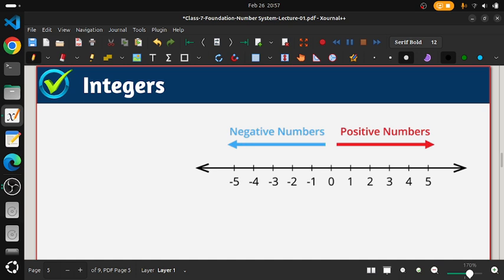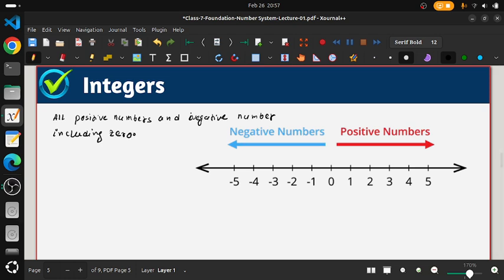So integers are basically all the positive numbers and negative numbers, as well as 0, including 0, and that is called integers.